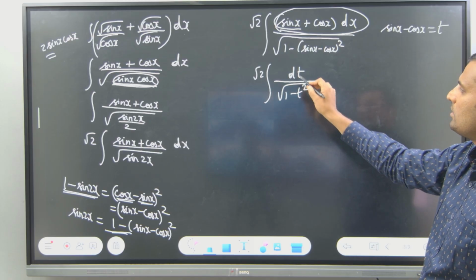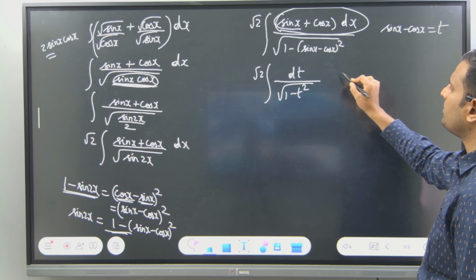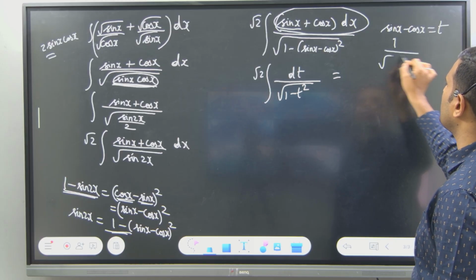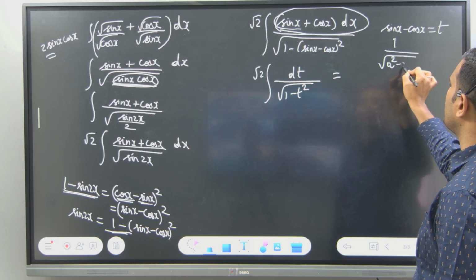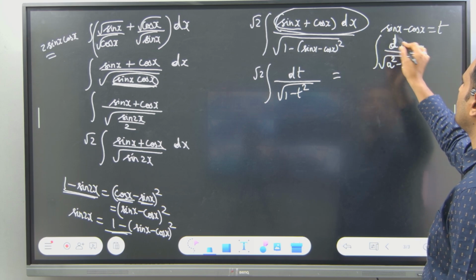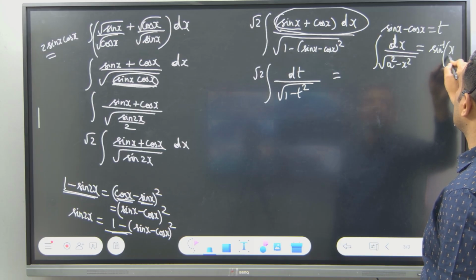And what is the integral of this, root of 1 minus t square in the denominator? Is it looking like 1 by root a square minus x square? What is the integral for this? Sin inverse x by a.